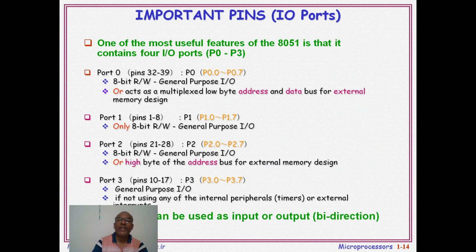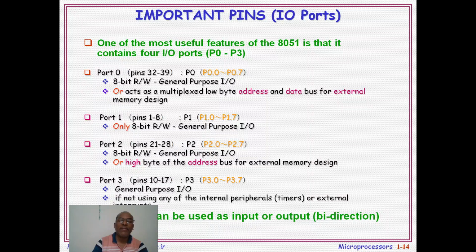Then important pins or IO ports. One of the most useful features of the 8051 is that it contains 4 IO ports, that means P0 to P3. Port 0 consists of pin numbers 32 to 39, 8-bit read-write general purpose IO inputs and outputs.